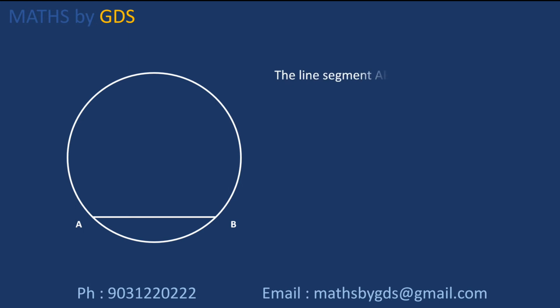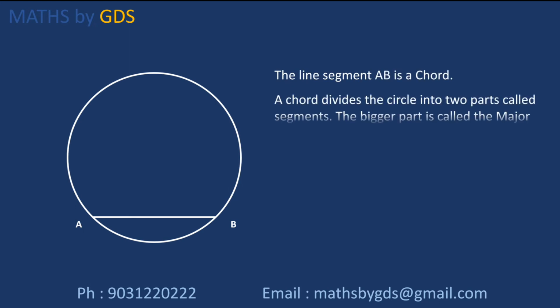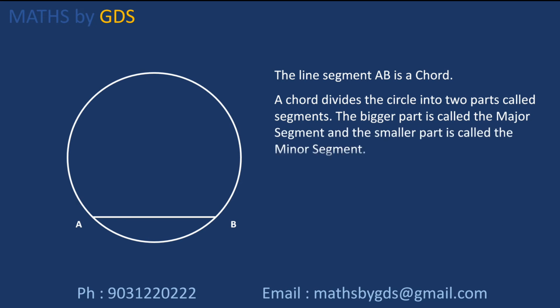Now, this is a chord. A line segment whose both ends lie on the circumference of a circle is called a chord. Now a chord divides the circle into two parts. Each of the parts is called a segment.